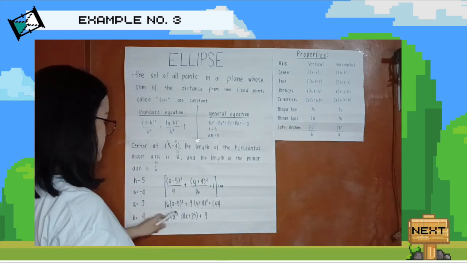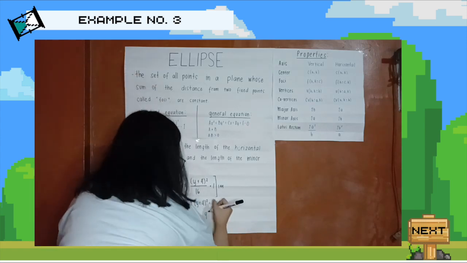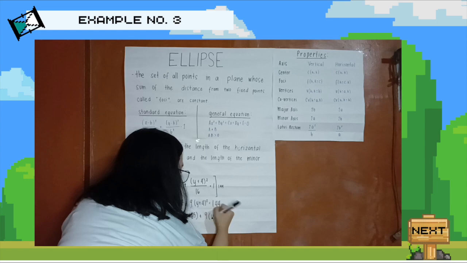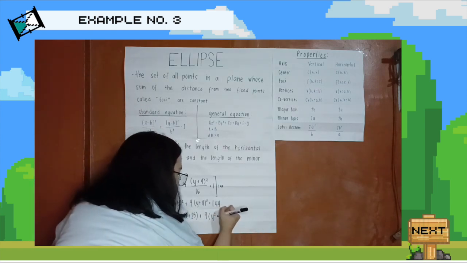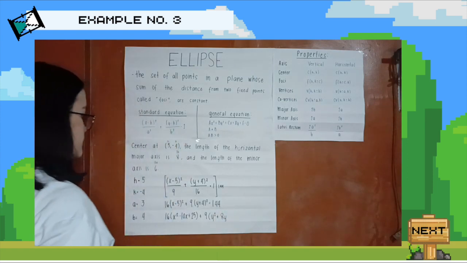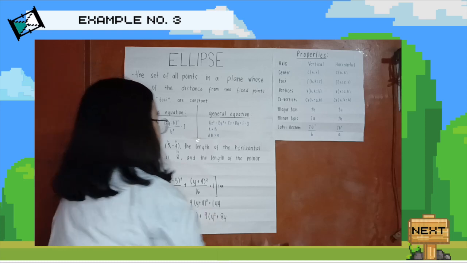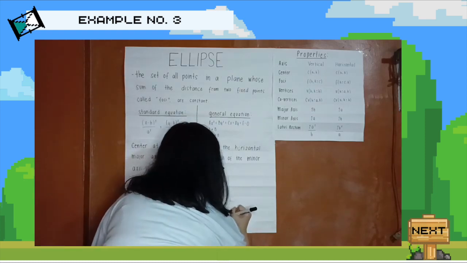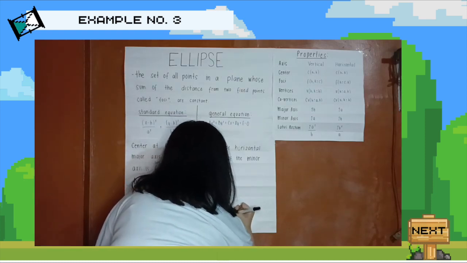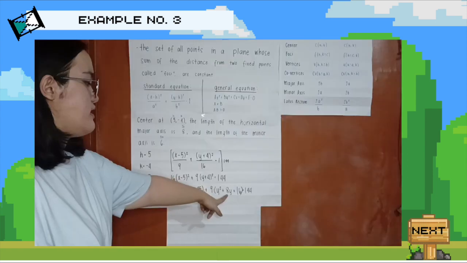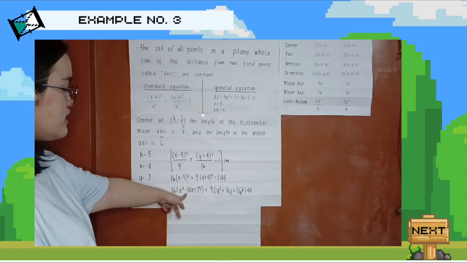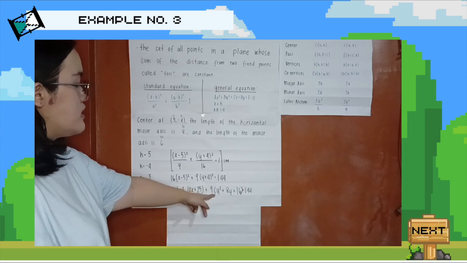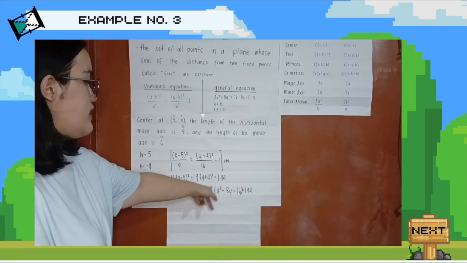9 times y squared plus 8y plus 16. And after that, we need to multiply 16, and also we need to multiply 9.